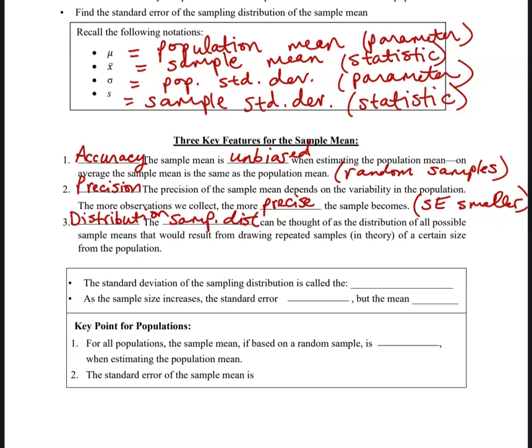The only difference now is that we're looking at means instead of proportions. The standard deviation for the sampling distribution, of course, as always, is called the standard error. As the sample size increases, the standard error gets smaller. But just like it did with proportions, the mean stays the same. The mean does not change.